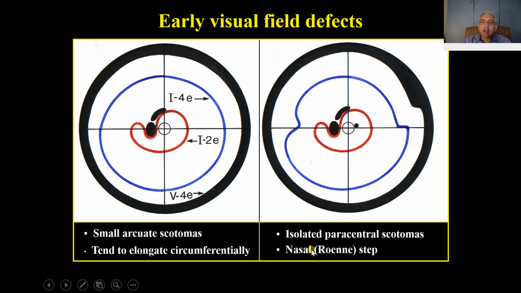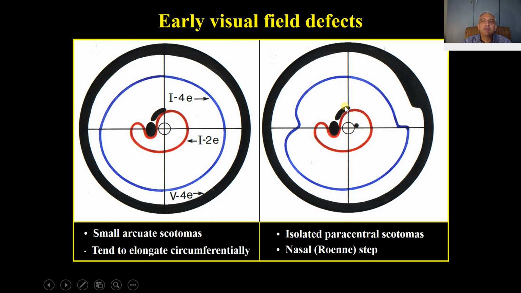So this is another isolated paracentral scotoma, but it is different from this in that you are getting a peripheral loss which is called a Roenne's nasal step. So this is going to be a Roenne's nasal step in addition to your Jerome's scotoma, which is present in the pericentral region.